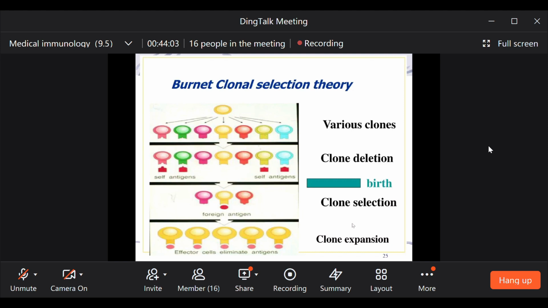In this theory, each lymphocyte has a unique antibody on its surface.